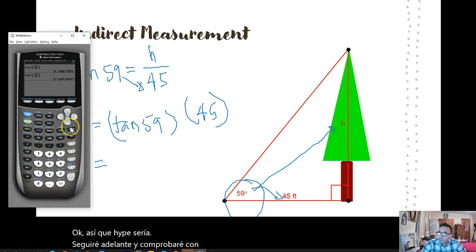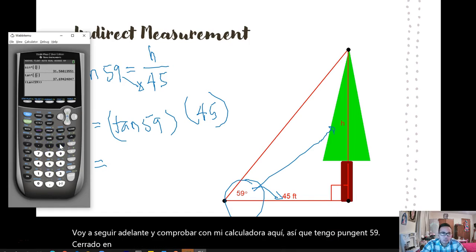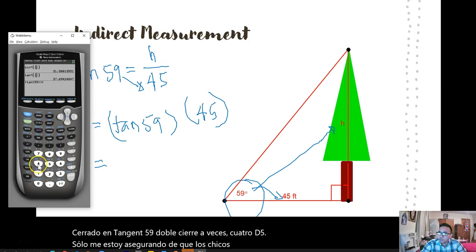I have tangent 59, I'll close that, times 45. I'm just making sure, guys, that you would say tangent 59 and then times 45. That's why I'm double closing the parentheses.